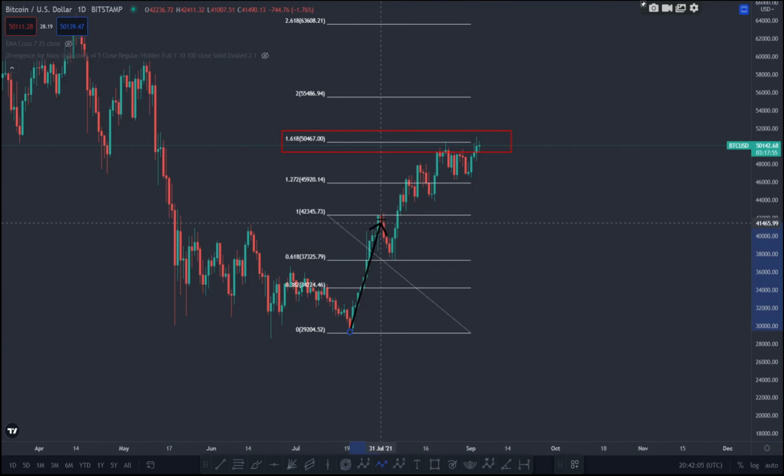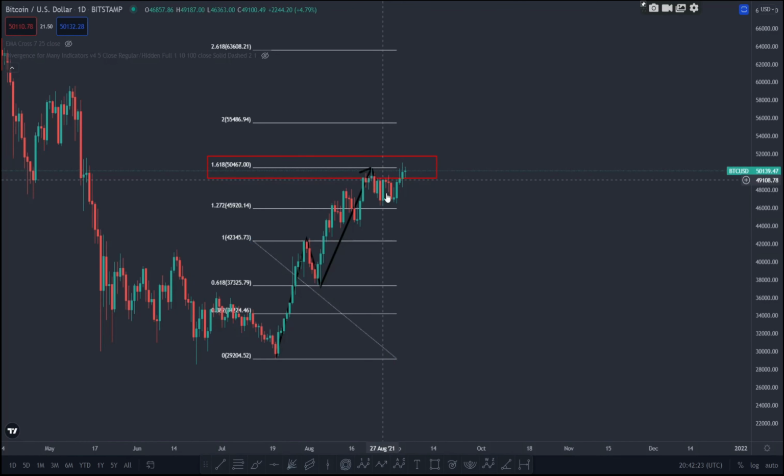We see that the impulse wave was corrected by a corrective wave back to the golden ratio, started the second impulse wave, which is wave 3, to the 1.6, okay? And now it got retraced back to the 1.27 area, and typically this will continue upwards, okay?